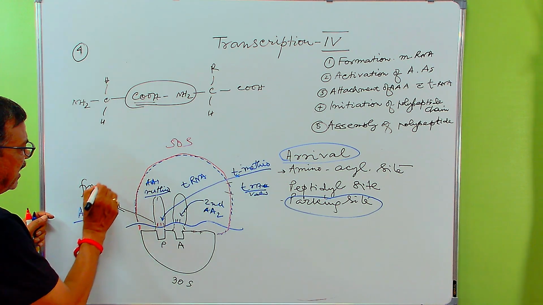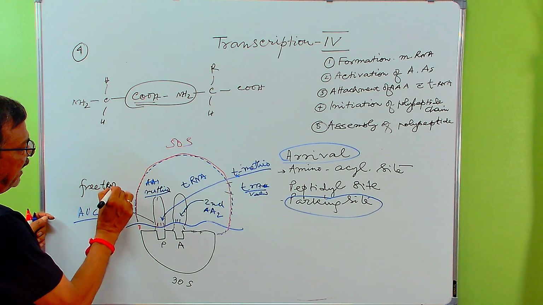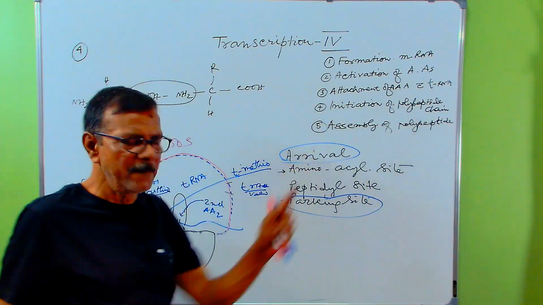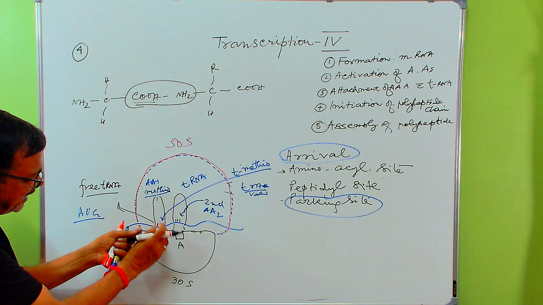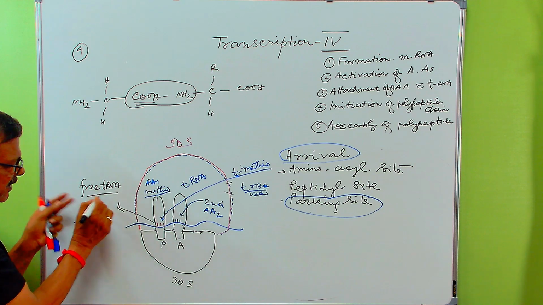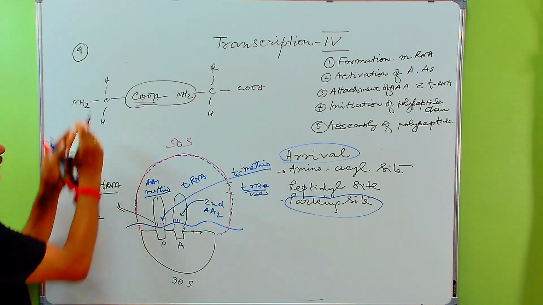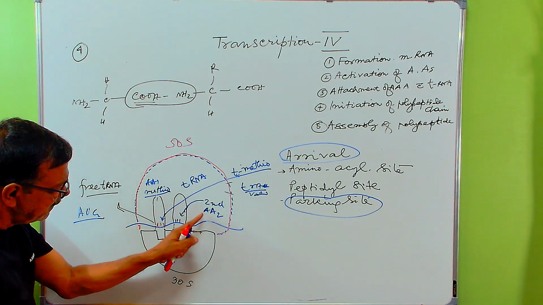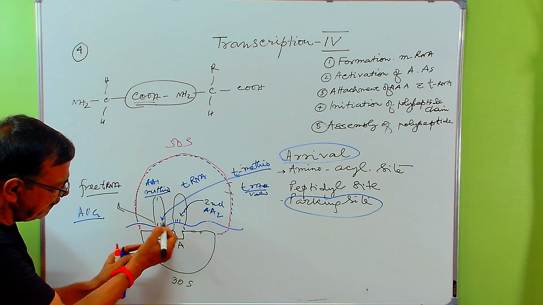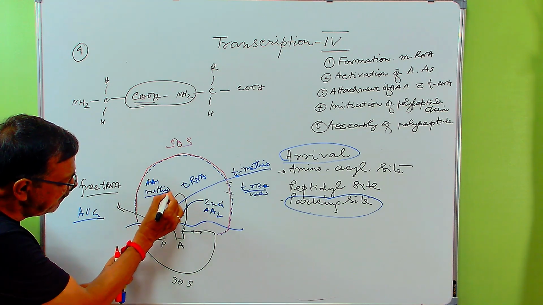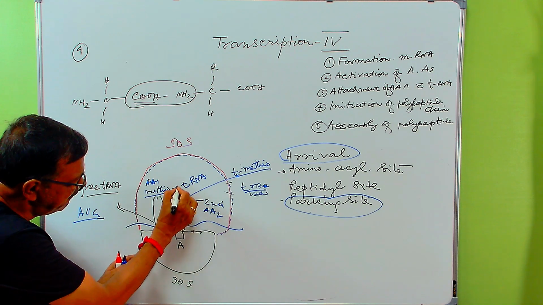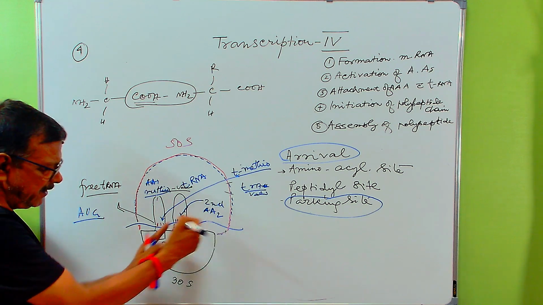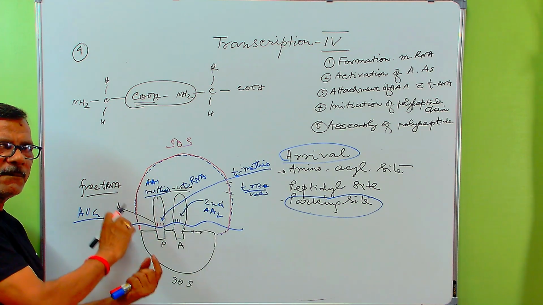The free tRNA gets released and goes for collecting further amino acids. The second amino acid will come to this place, and a methionine plus valine is produced, then the third will come, then the fourth, the fifth, and it will keep producing like that.